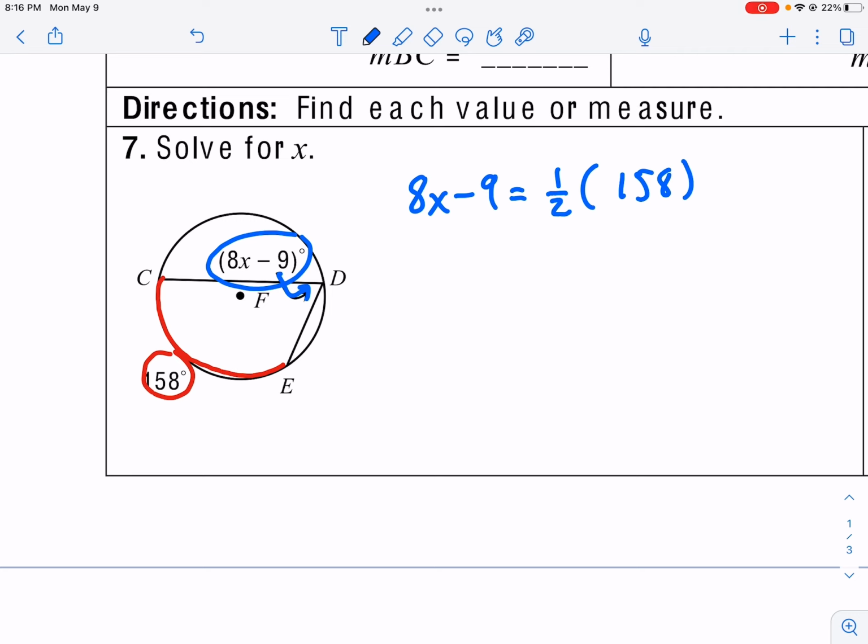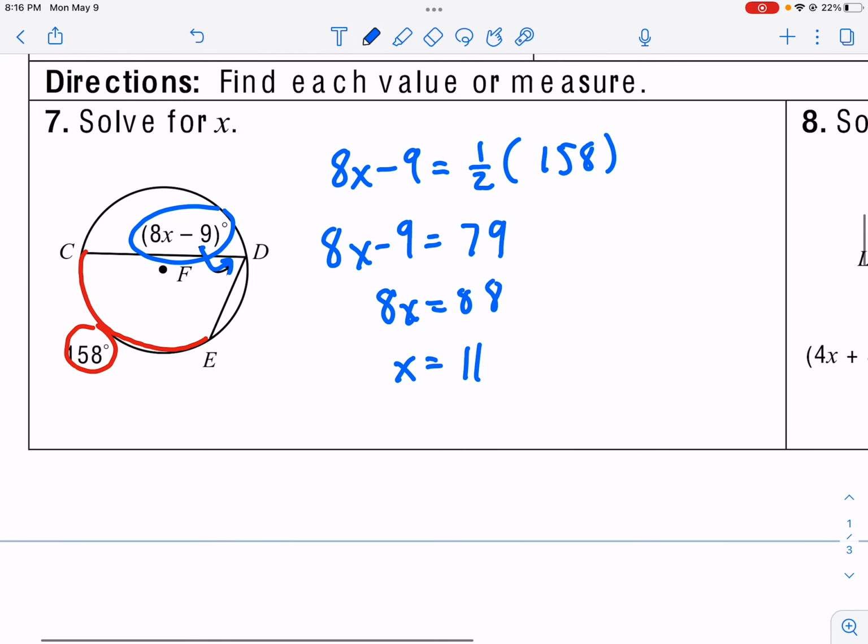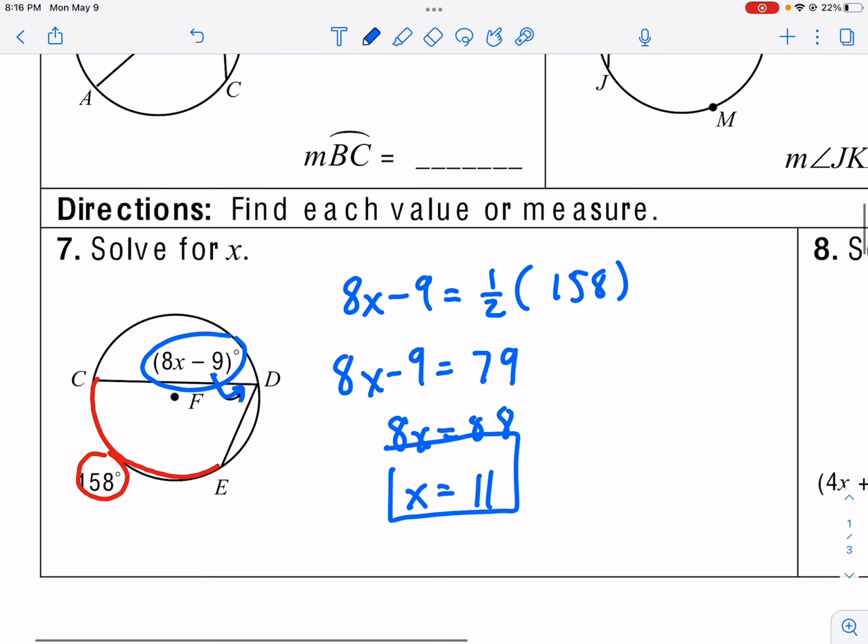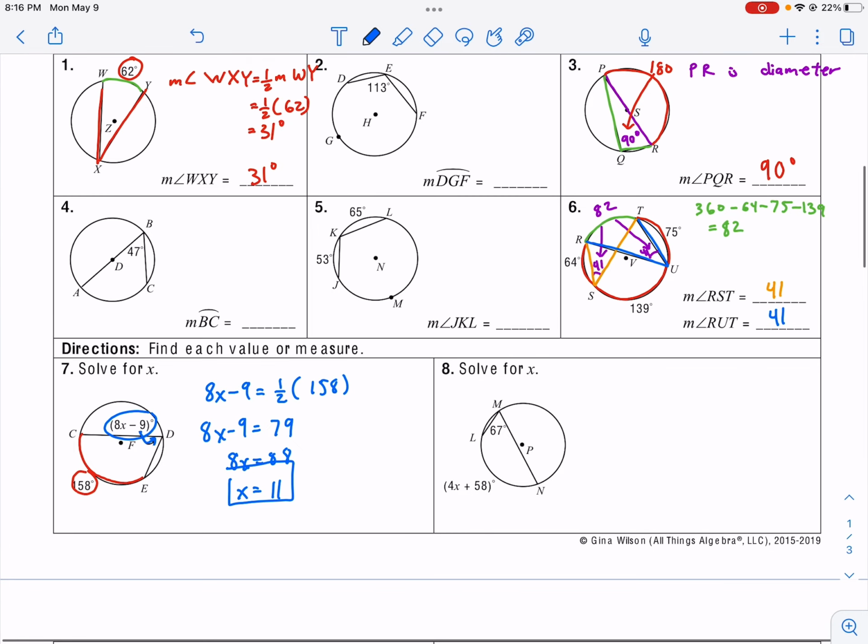Half of 158 is 79. So 8x minus 9 equals 79. 8x equals 88. x equals 11. Alright, go ahead and try 2, 4, and 8.